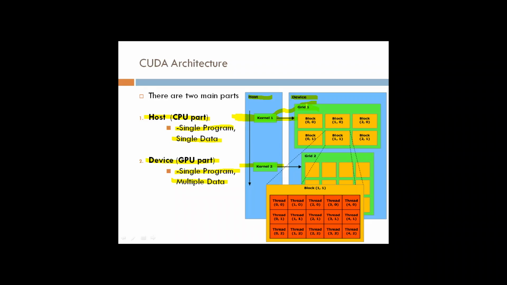At the topmost level, the biggest category is the grid, and a grid contains blocks, and blocks contain threads. So there are three kinds of grouping: grid, block, and thread. The grid is the superset, and inside the grid there are blocks, and a block is made up of threads.